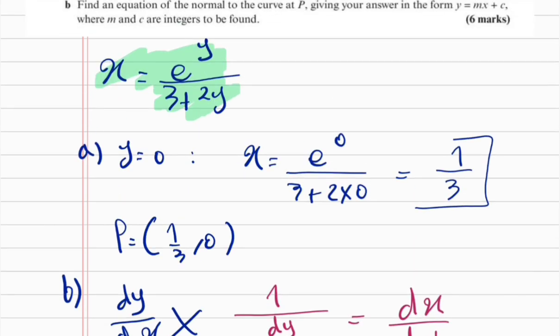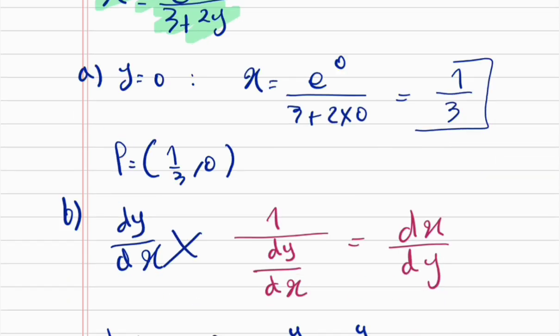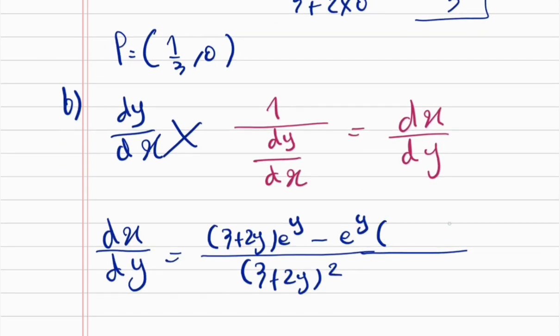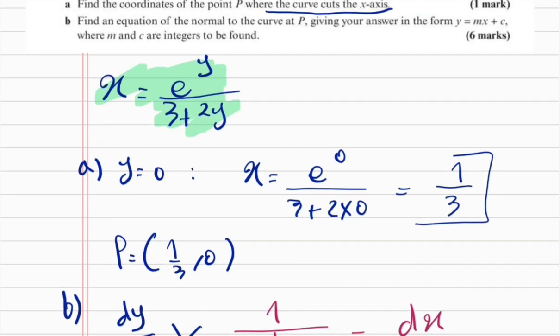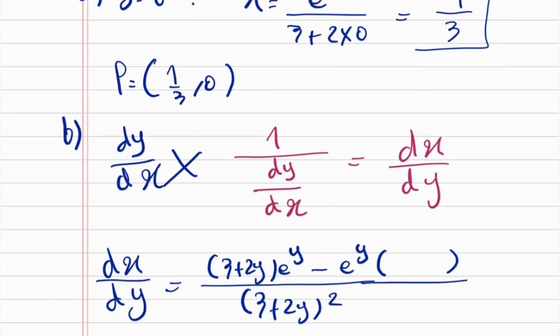The numerator is just e to the y, so e to the y differentiated with respect to y is just e to the y. Take away e to the y again, because that's the numerator function, times the derivative of the denominator function. The denominator is 3 plus 2y, its derivative is just 2. I don't need brackets really, just 2.